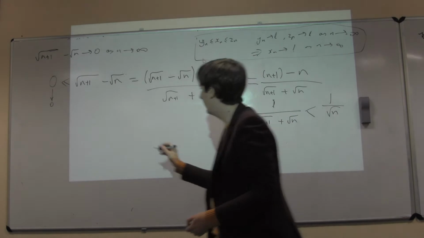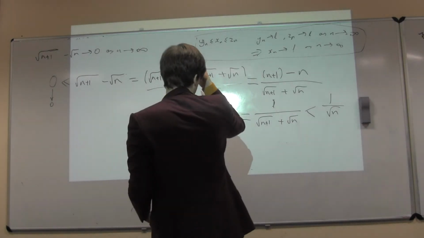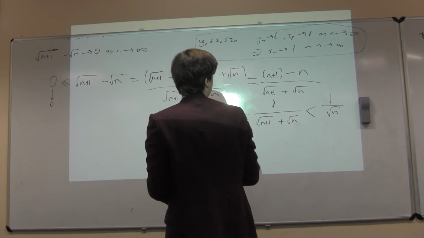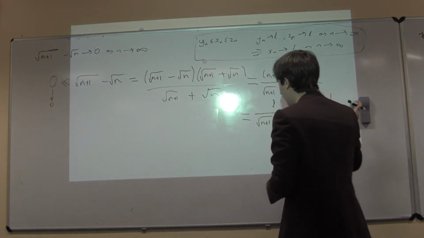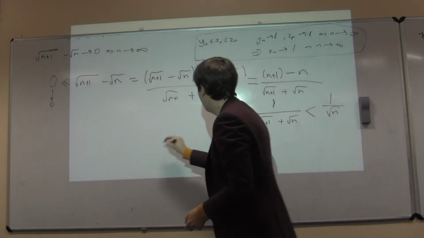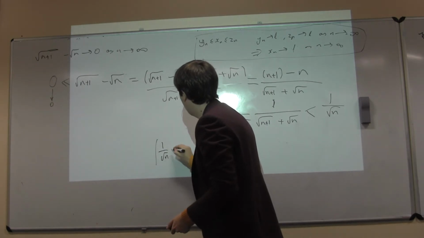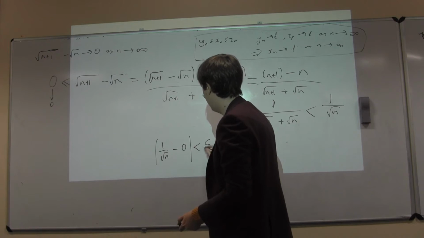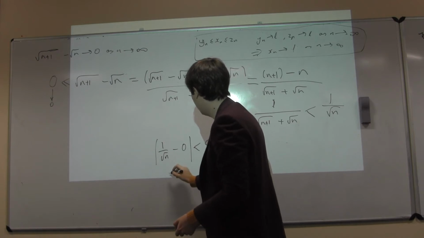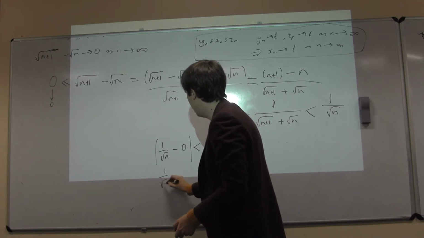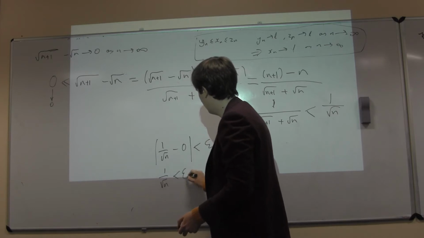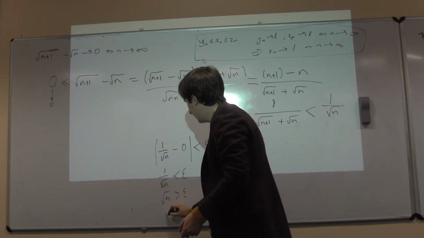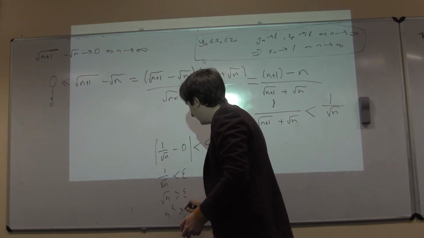So remember we proved that, you can show it directly: 1 over root n minus naught is less than epsilon. Well, that's true providing that 1 over root n is less than epsilon, so root n is greater than 1 over epsilon, so n is greater than 1 over epsilon squared.